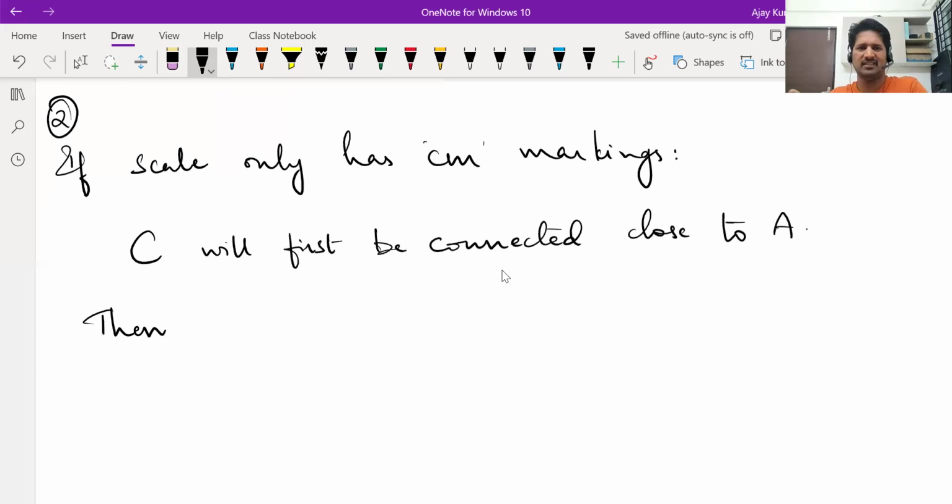You will connect it at the next possible length that the scale can indicate. After 0 centimeters, what is the next length the scale can indicate? I said only centimeter markings are there on it. 1 centimeter. You'll connect it at 1 centimeter.